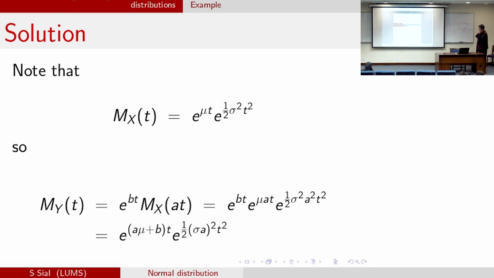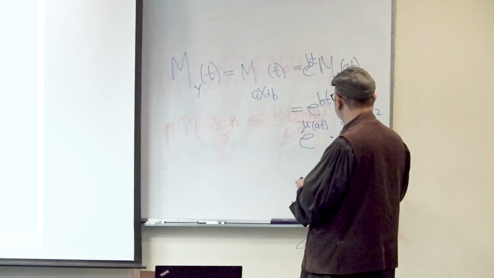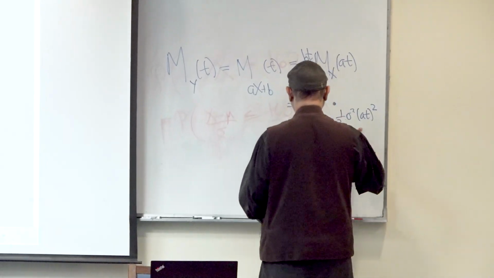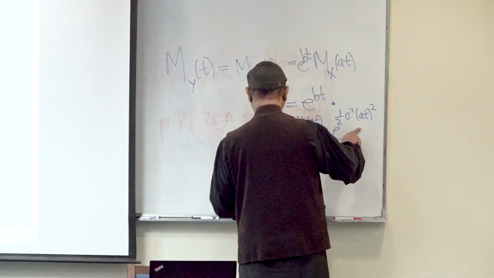So now it kind of looks like the MGF for a normal random variable, right? But let's play around with the exponents a bit.